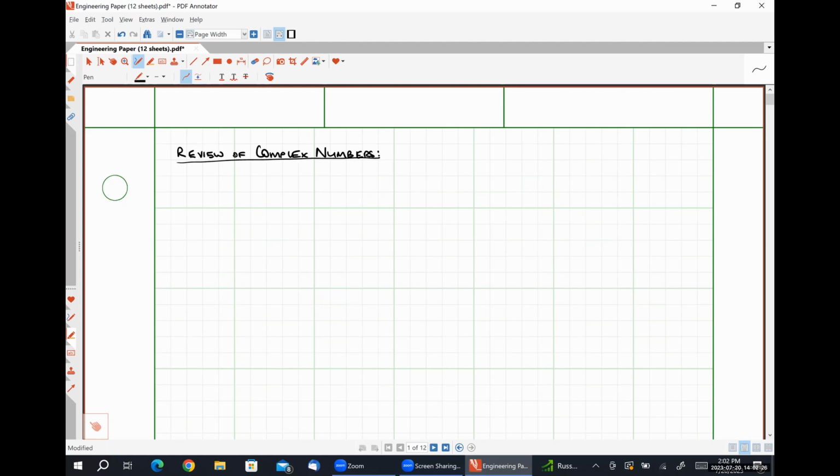What I'm going to do here is put a plot in the middle of the page, and this is going to represent a complex plane.